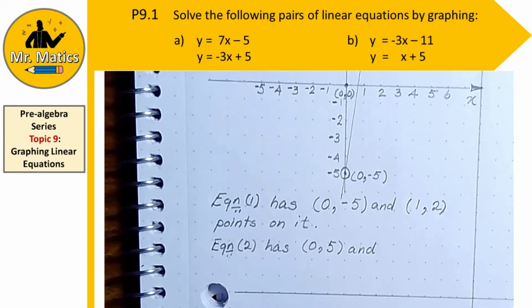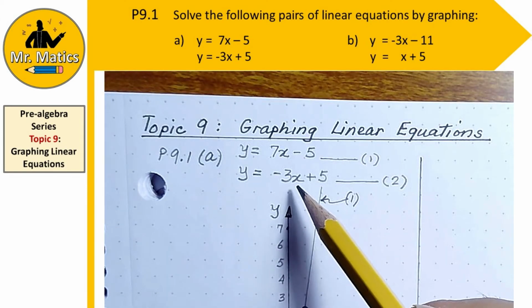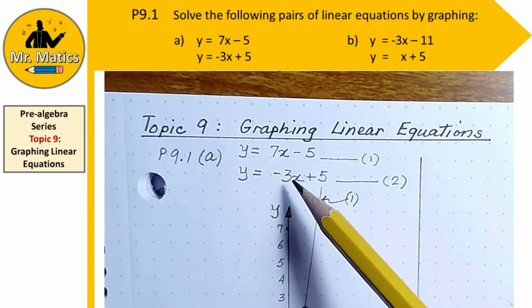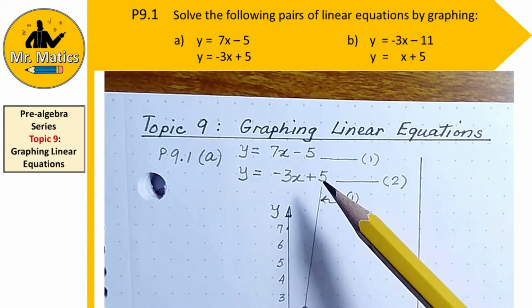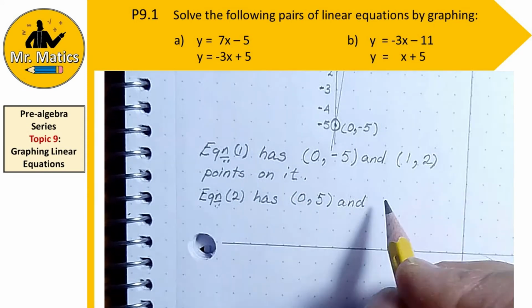And what are the other points, or any other point we can find? If x is 1, then, or let's say a different value, x equals 2, for example. If x is 2, y is -1.